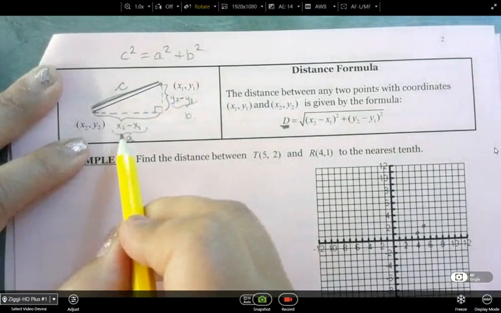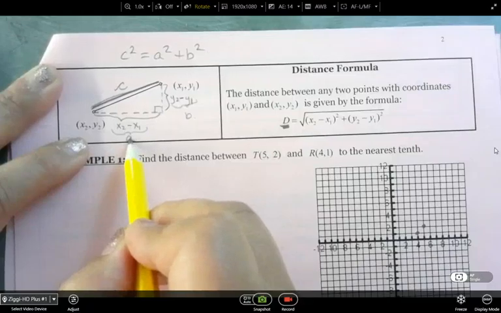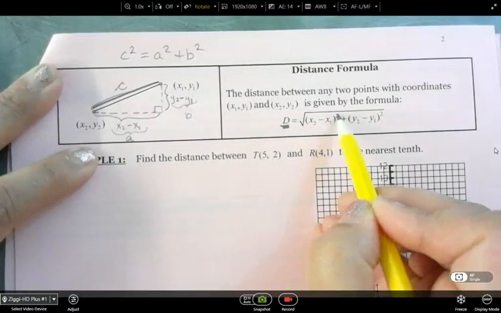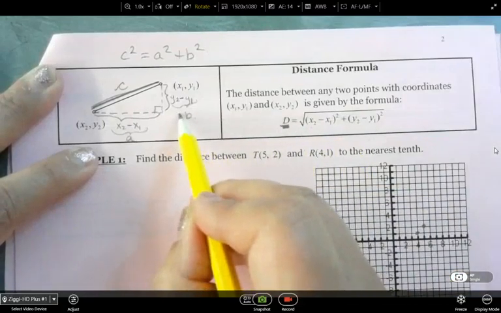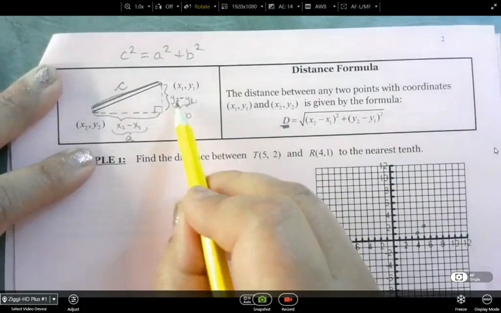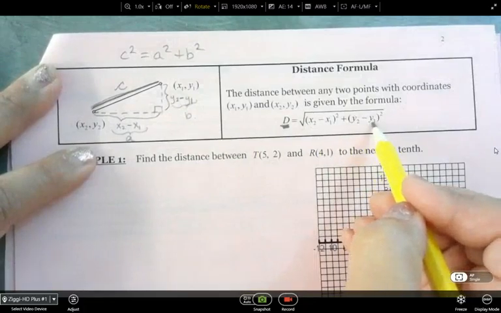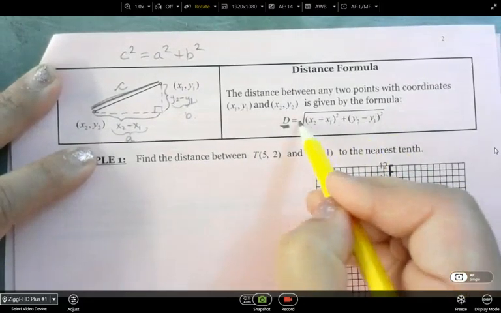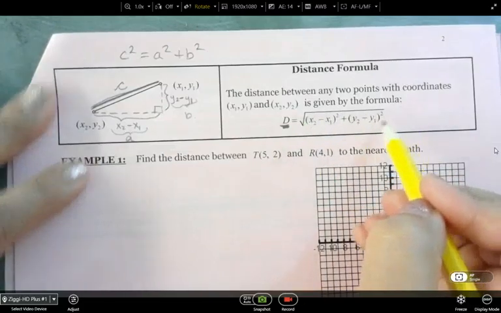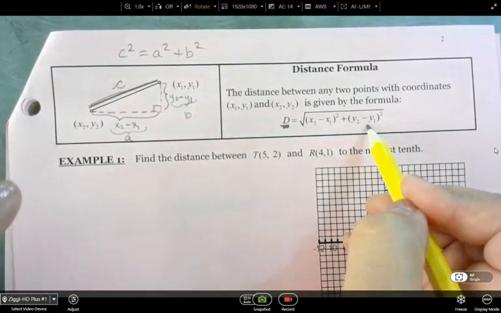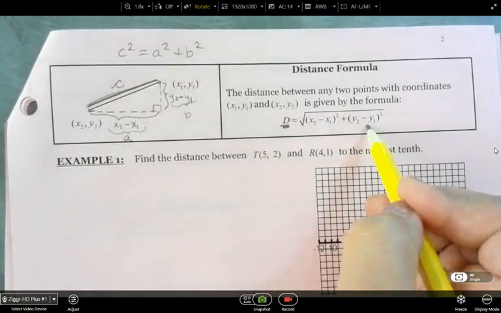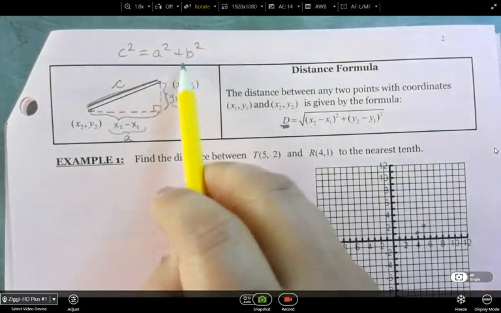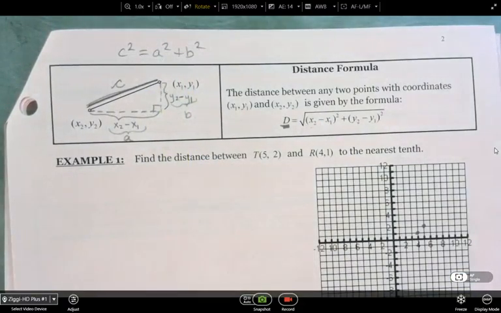So now instead of writing a, I can write x2 minus x1 squared. And then instead of writing the b, I can write y2 minus y1 squared. We add those and we square root it, and that gives us the distance formula. So it comes directly from a squared plus b squared equals c squared. Directly from Pythagoras. Okay.